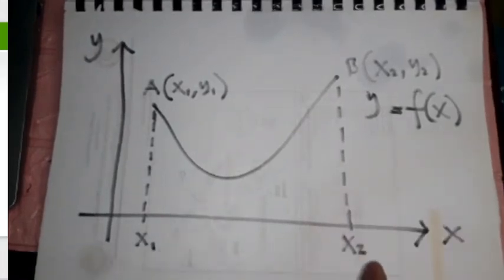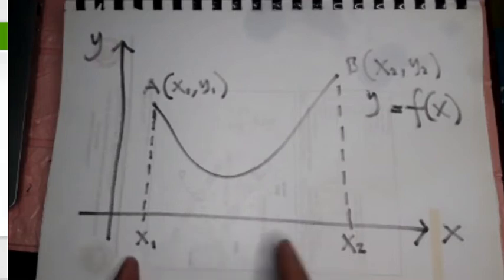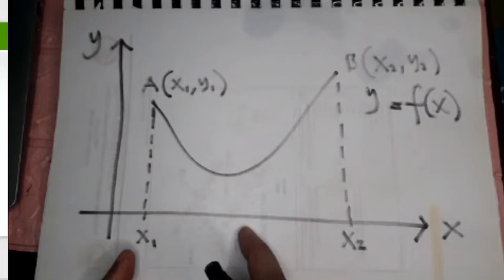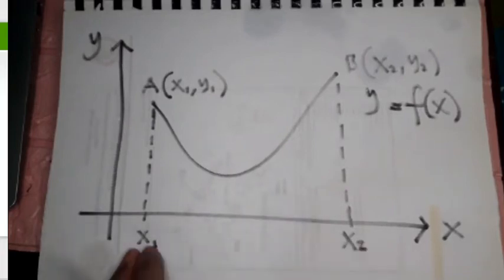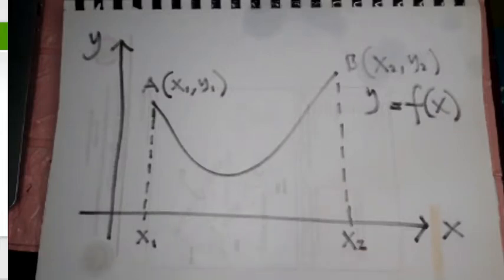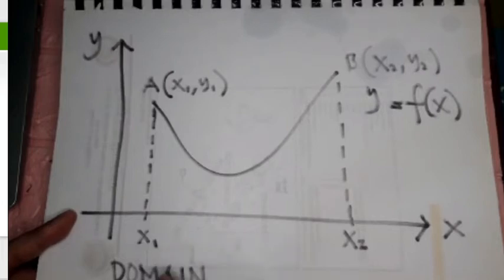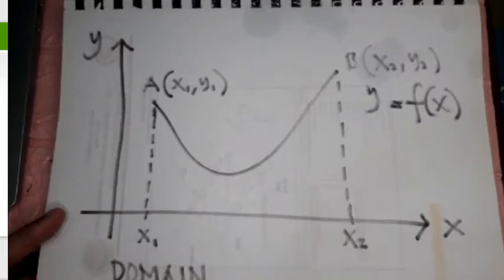Any number that is between x1 and x2, that is valid. So therefore, our domain is this x1 to x2.